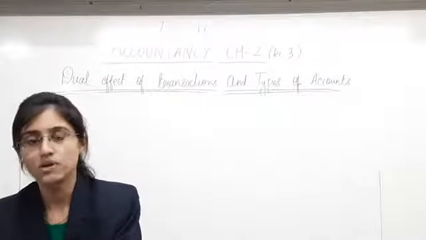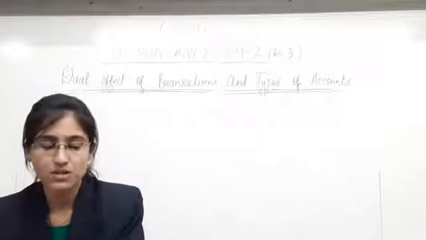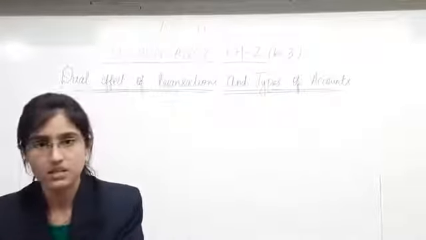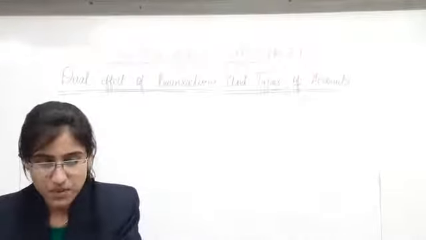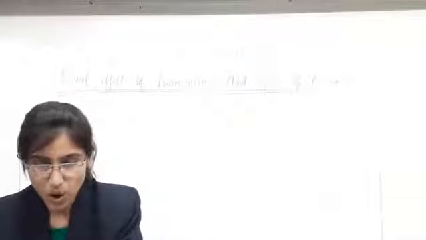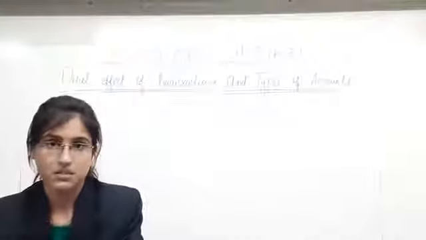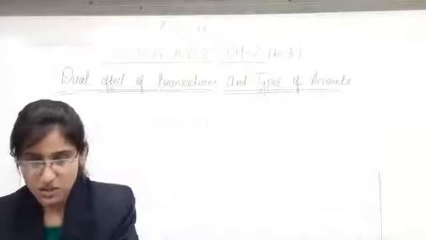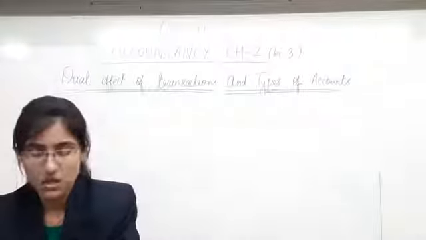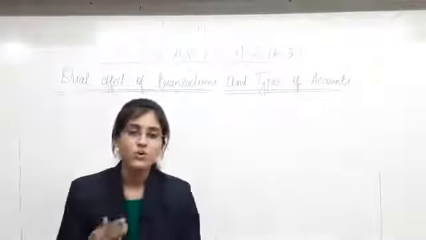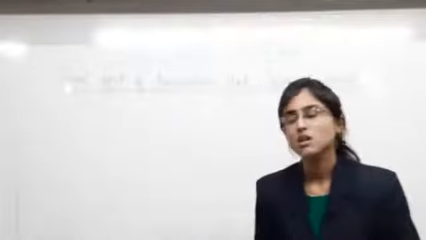We have already finished illustration 1. Now we are doing illustration 2. Please pay attention. It says, describe whether the following transactions are cash or credit and explain the reason for it. So, we are just going to identify these transactions.